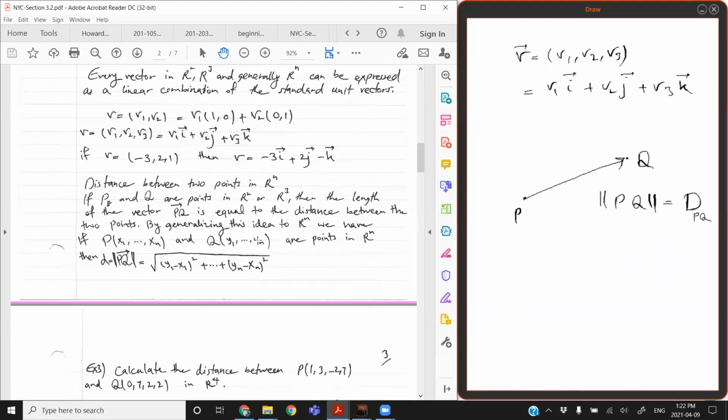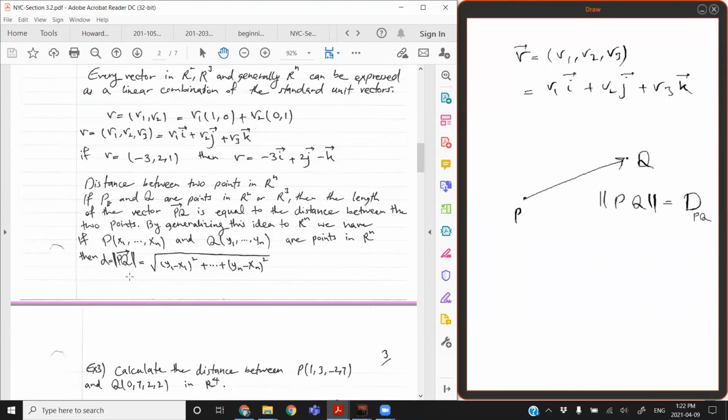By generalizing this idea to Rn, if P is this point from Rn and Q is this point from Rn, then the distance between these 2 points in Rn is simply the norm of the vector PQ.